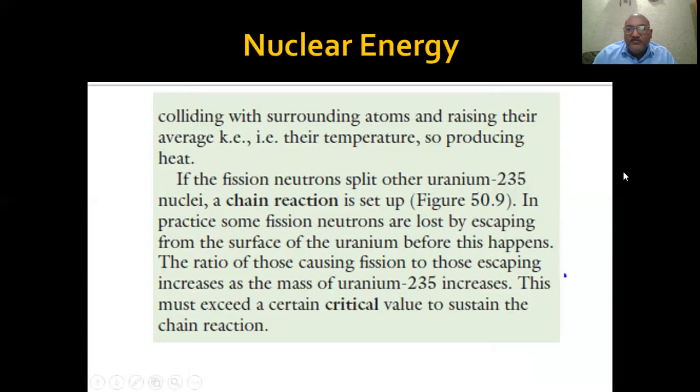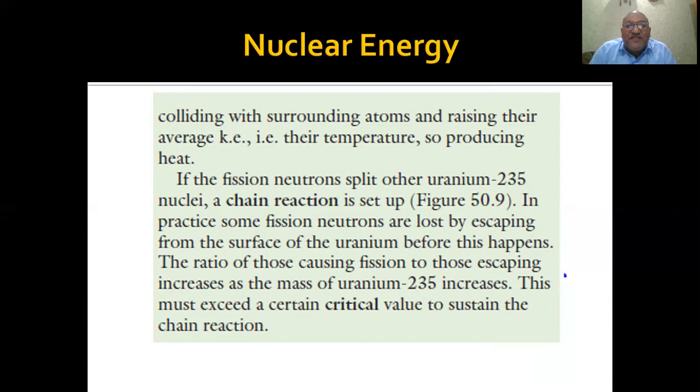Let me adjust this so you can see it clearly. The fragments collide with the surrounding atoms, raising their average kinetic energy, that is their temperature, so producing heat. If the fission neutrons split other uranium-235 nuclei, a chain reaction is set up.